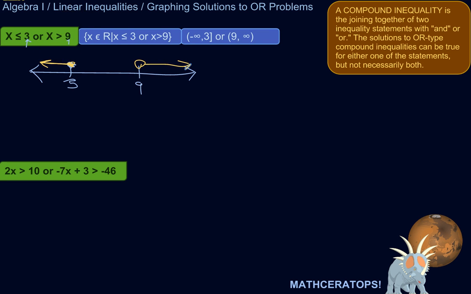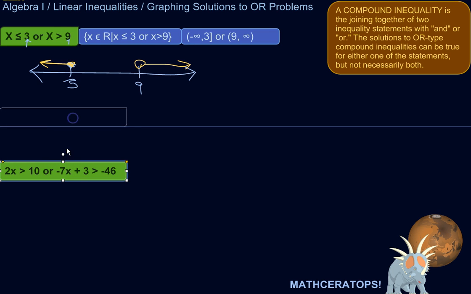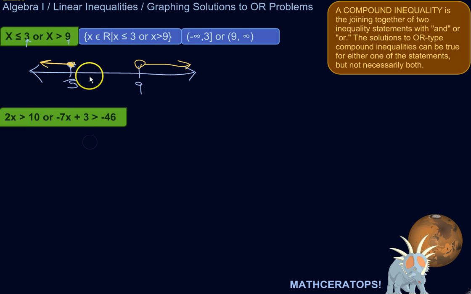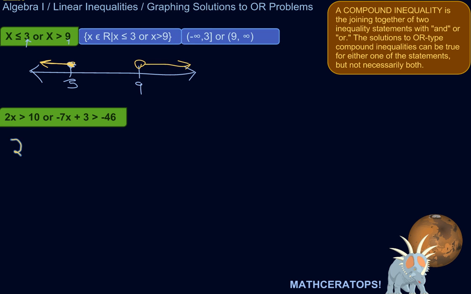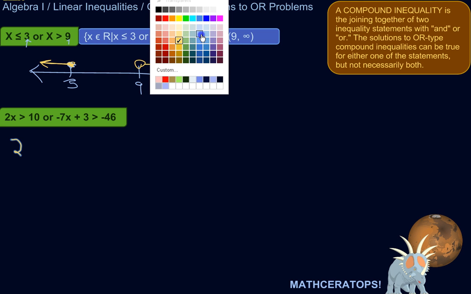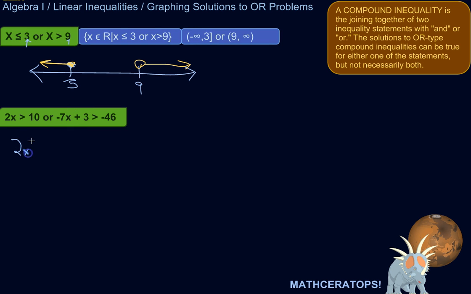All right, so let's actually start back at the beginning and solve a compound inequality with that or, and then we'll graph the solution. So you deal with them separately first. Okay, so 2x is greater than 10.